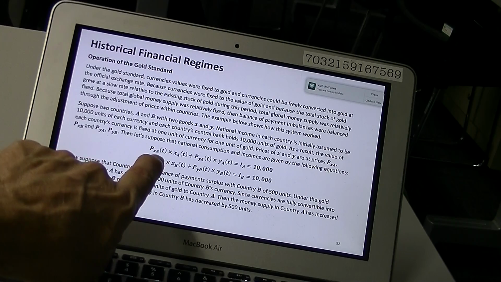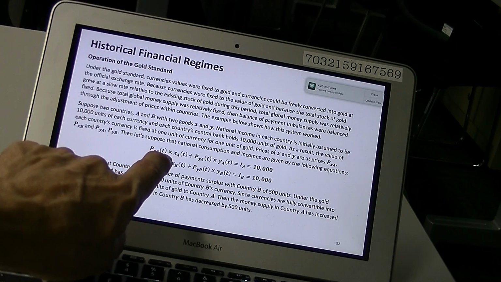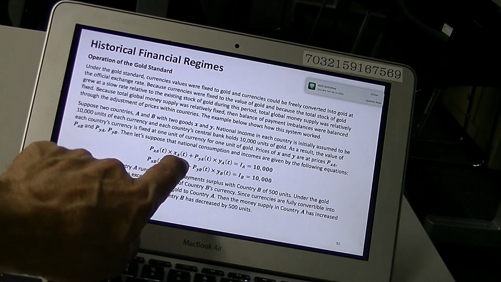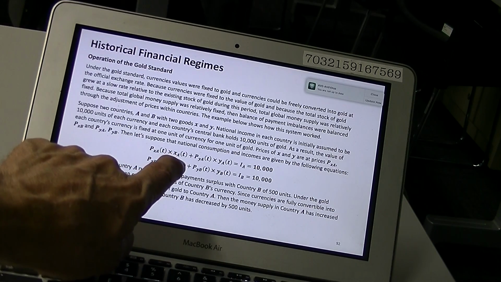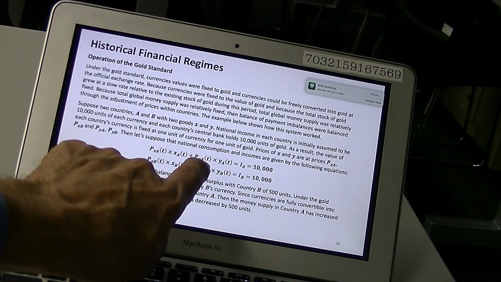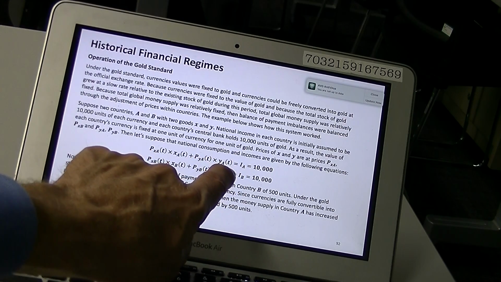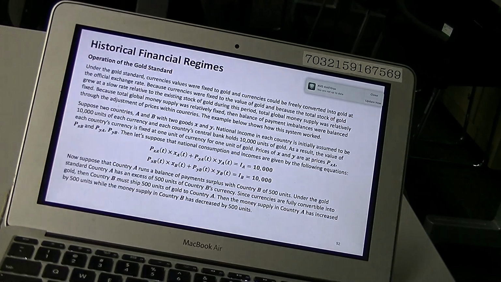That means the price of good X in country A at time T, times the amount of goods consumed in country A, plus the price of good Y in country A, times the amount of goods, is equal to the national income, is equal to 10,000. That's true in both countries.